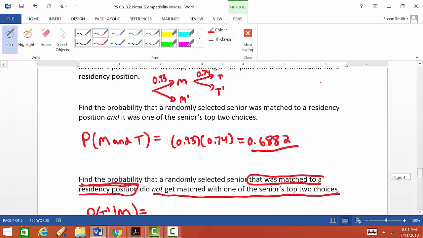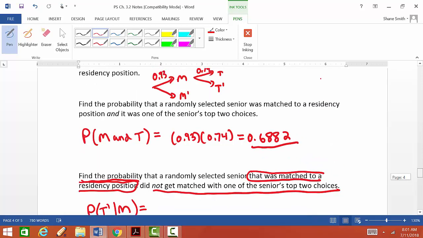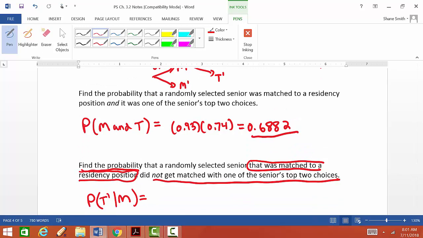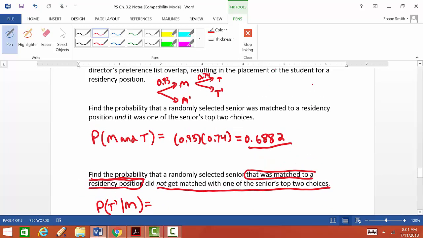So if we go back up to our tree diagram here, I'll zoom out just a little tad. We want to find the probability that they did not get a top 2 choice, so this bottom branch here, given that they were matched. So there's no multiplication in this one because we're not trying to find the probability of 2 events occurring in sequence. We already know. It says find a randomly selected senior that was matched to a residency position.